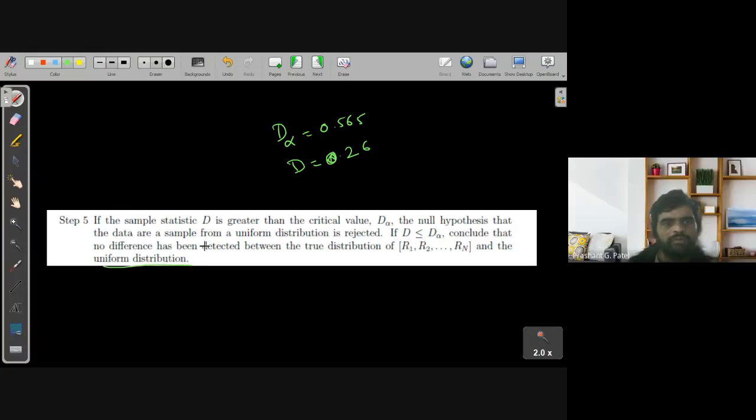This says that if D is less than or equal to D alpha, conclude that no difference has been detected between the true distribution of these random numbers. So this is known as the KS algorithm, or KS test.